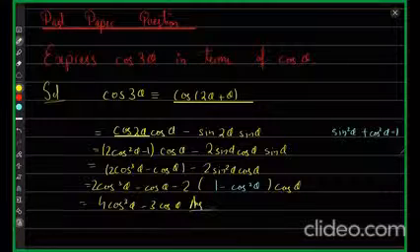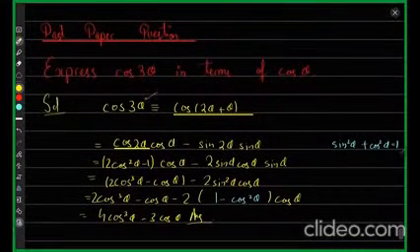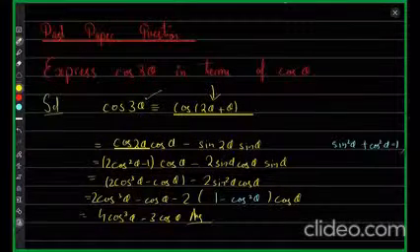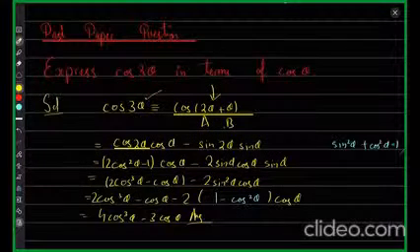So again, we were asked to express cos 3 theta in terms of cos theta. I know that cos 3 theta can be written like this, and I know how to deal with cos of A plus B. So I assumed that this was A and this was B, and I've expanded it using that. And then I have further used the double angle stuff.